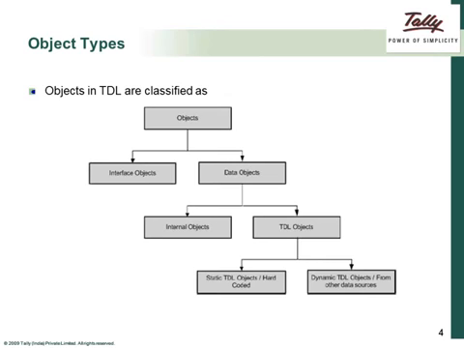TDL objects are further bifurcated into static objects or hard-coded objects and dynamic objects. Right? In these sessions, we'll be covering the internal objects and the static hard-coded objects. Dynamic objects wouldn't be covered as it requires a little more technical knowledge for integration purposes. Right? So we'll cover in detail the internal objects and the hard-coded objects.